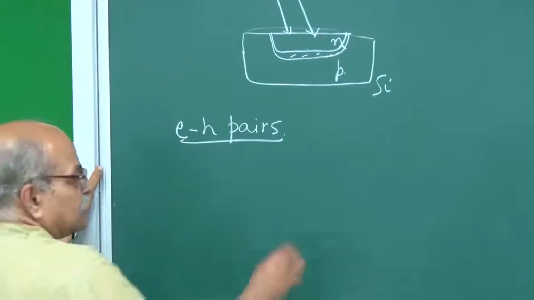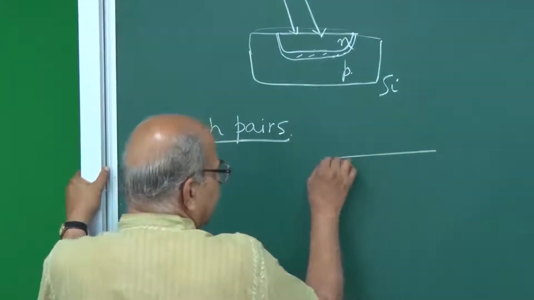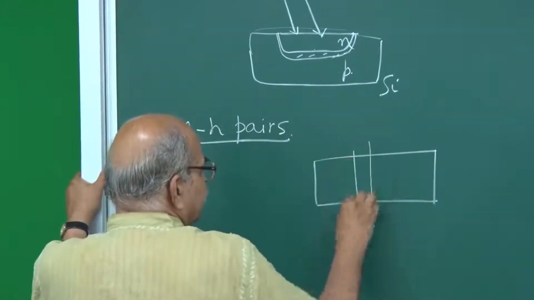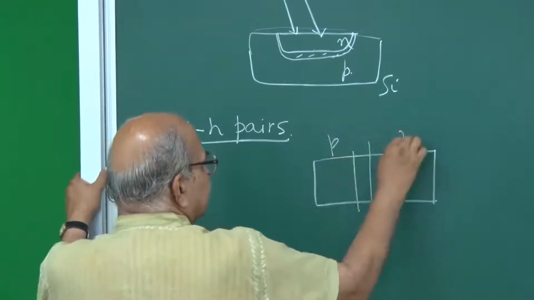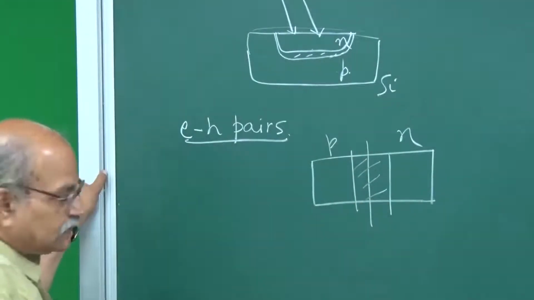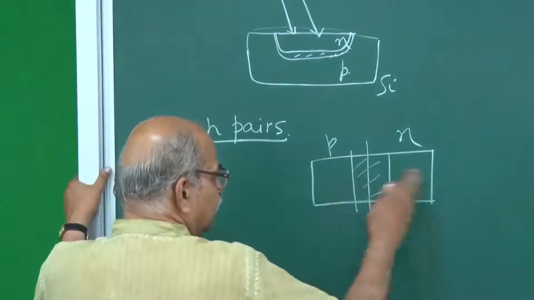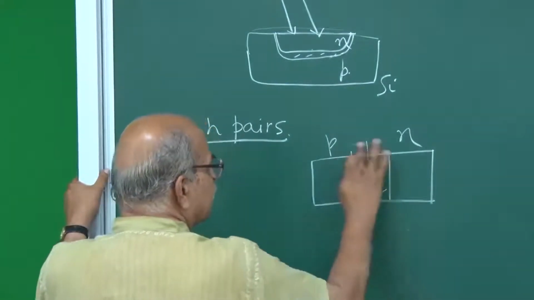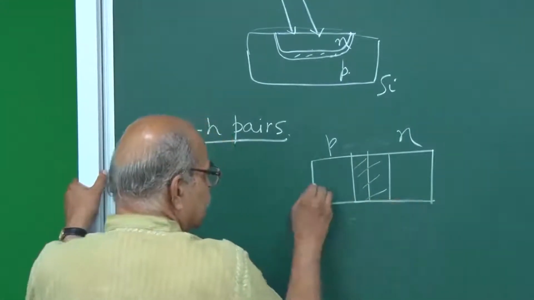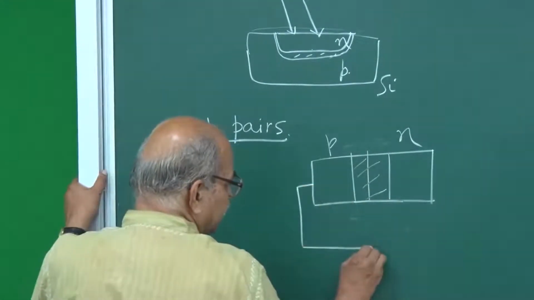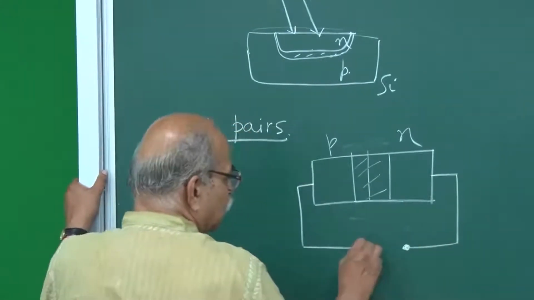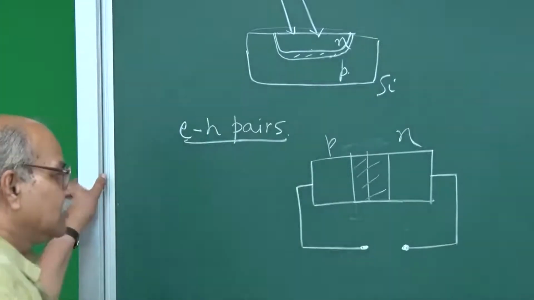So, let us draw our typical diagram that we have been drawing for the PN junction: P side, N side, and depletion layer. You have the internal voltage, potential barrier, and all those things, and let us say we just keep it open, nothing added to it.